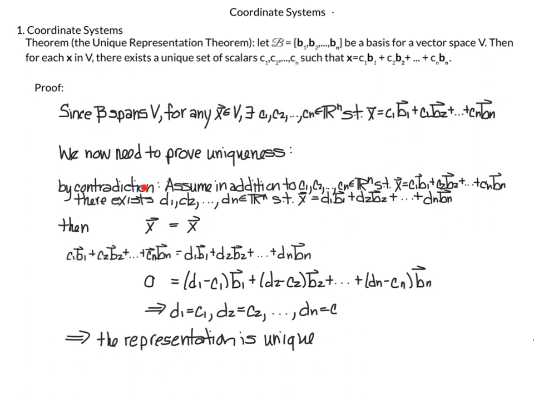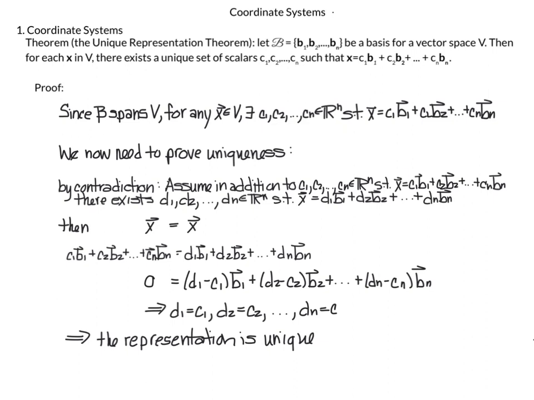So here again, we're going to assume that in addition to c1, c2, cn that satisfies this property, x equals c1 b1 plus c2 b2 plus cn bn, there exists another set of scalars, d1, d2 up to dn, such that x is equal to d1 b1 plus d2 b2 up to dn bn.